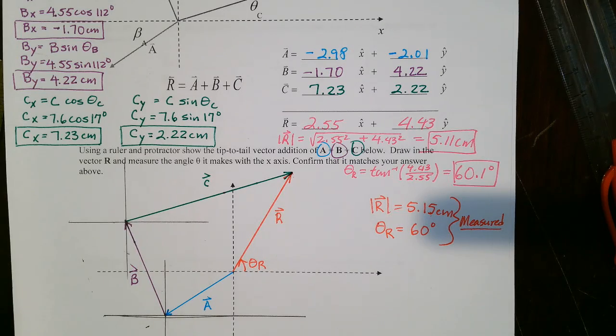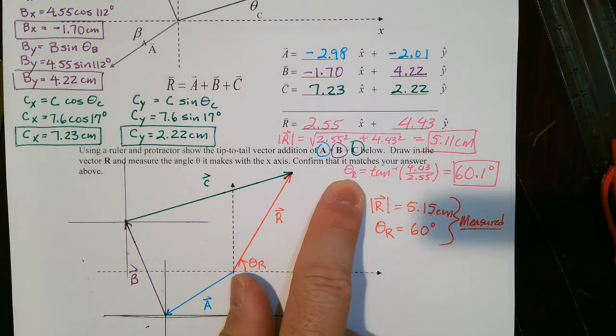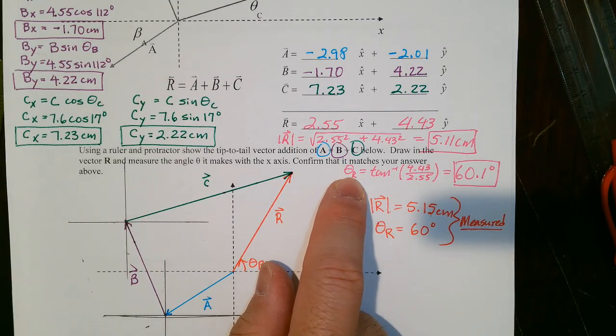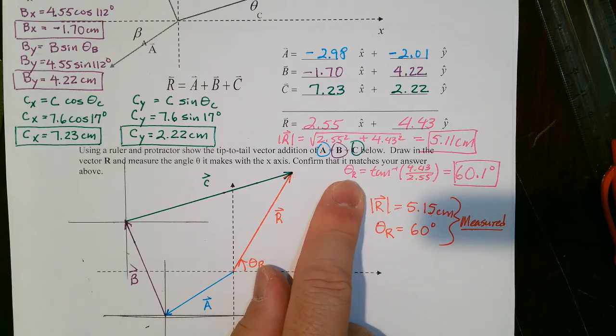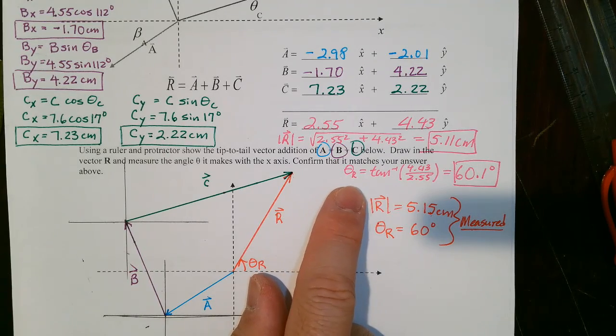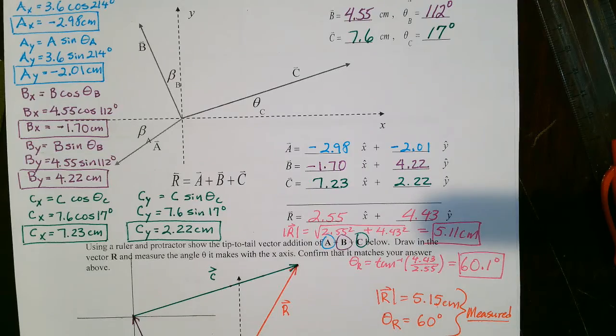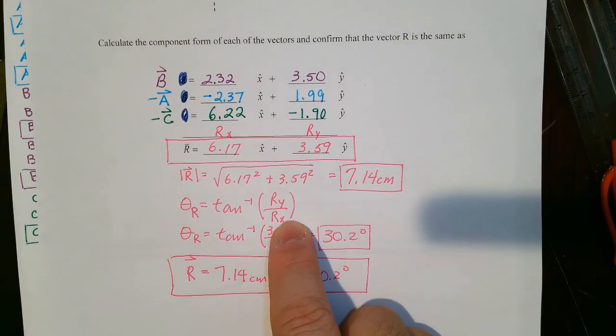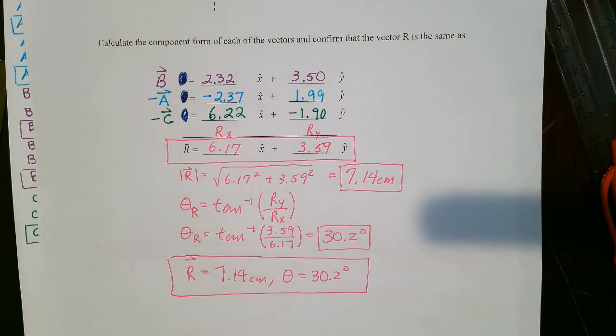No, ry over rx. For theta? For b? Okay. It's still ry over rx.